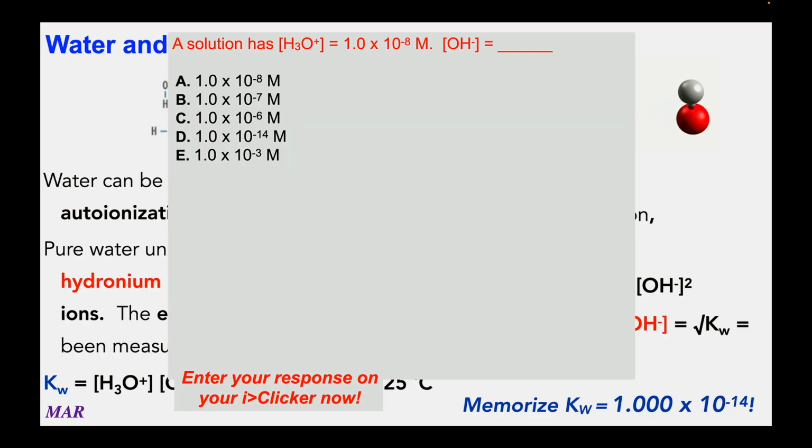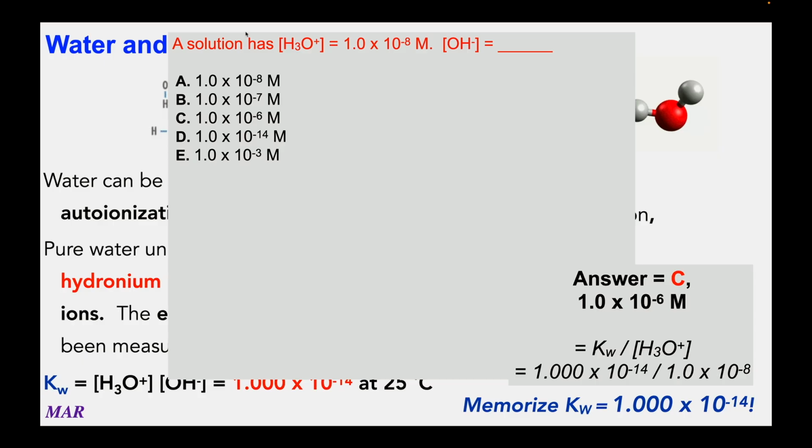So here's a question you might see. It says a solution has a hydronium concentration of 1.0 times 10 to the minus 8th. What is the hydroxide concentration? So at this point, what's important to remember is the Kw value, because Kw, which is 1.000 times 10 to the minus 14th, equals hydronium times hydroxide. So if you take Kw divided by the 1.0 times 10 to the minus 8th moles per liter, you will find the concentration of your hydroxide.